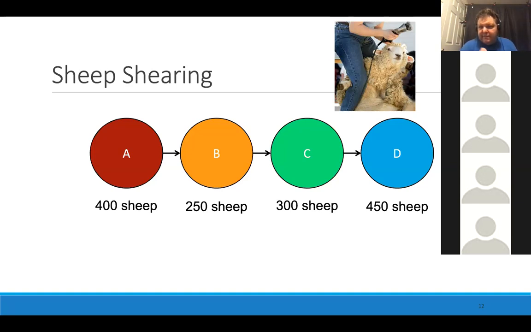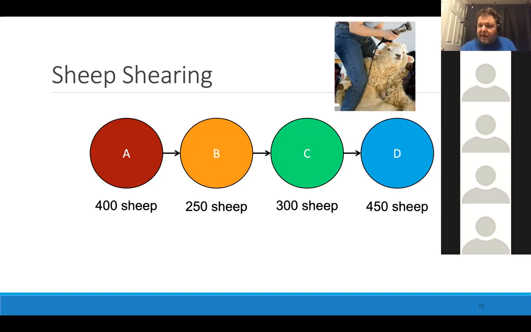I'm only going to shear sheep that have had the drug. And so only 250 will be done.